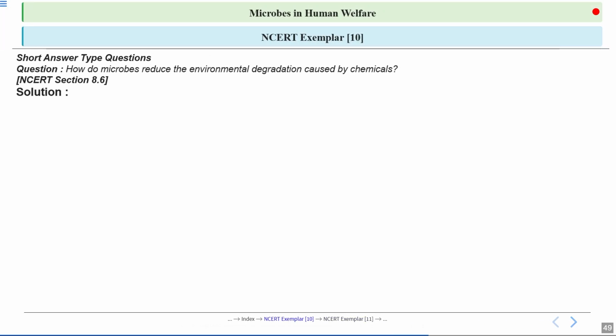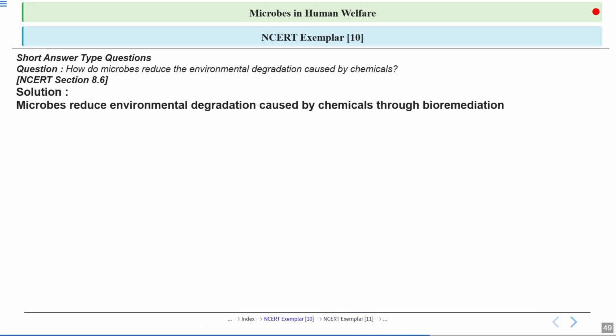Let's have a look at the answer. Microorganisms reduce environmental degradation caused by chemicals through bioremediation. What is bioremediation? It is basically using living organisms to clean up the environment, to clean up the pollution, thus making the environment safer.